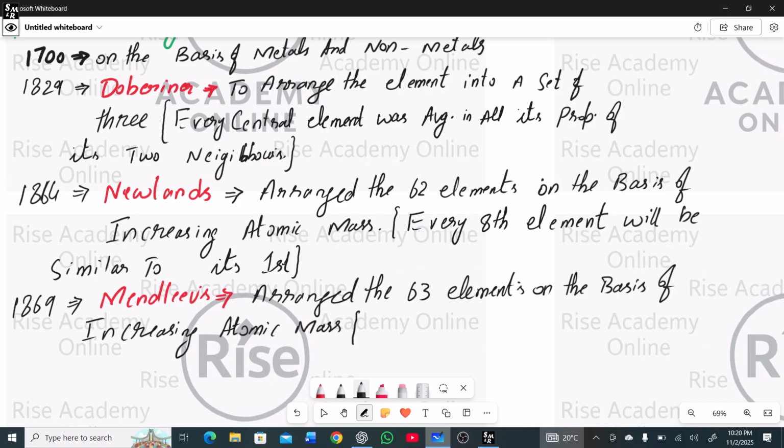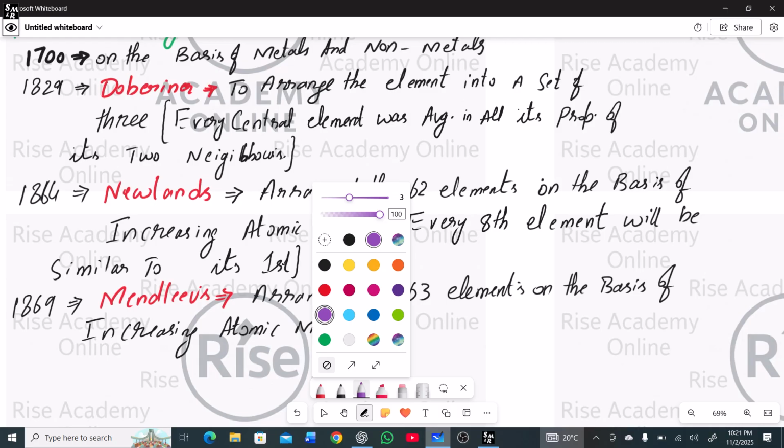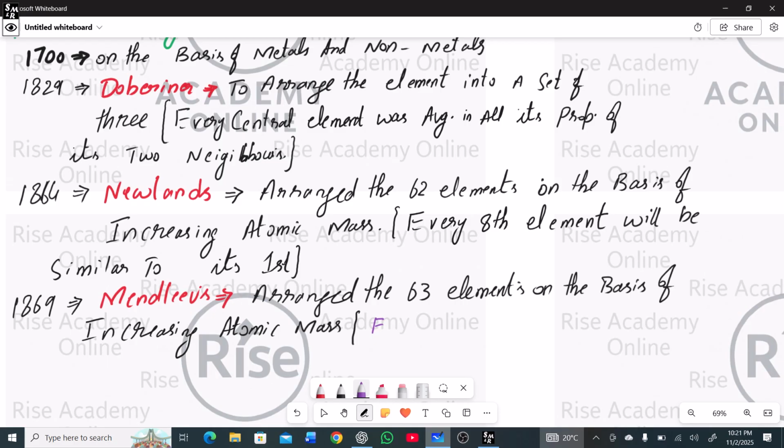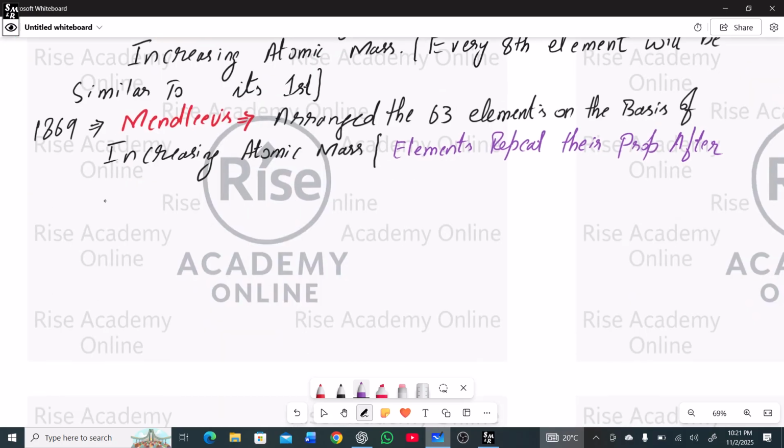But he removed the limit of 8. He just mentioned that elements repeat their properties after a regular interval.